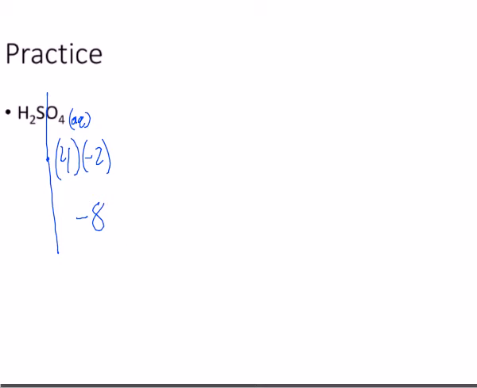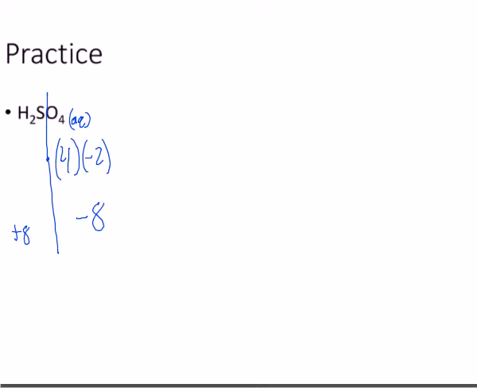Now we've got to think about it, okay? The total is going to be +8, but we've got to split that up amongst all the different elements. Think about it this way, guys. Alex, you want to say something? Absolutely. If you think about it, what are the only 2 possible positive charges that sulfur could have? +4 and +6.